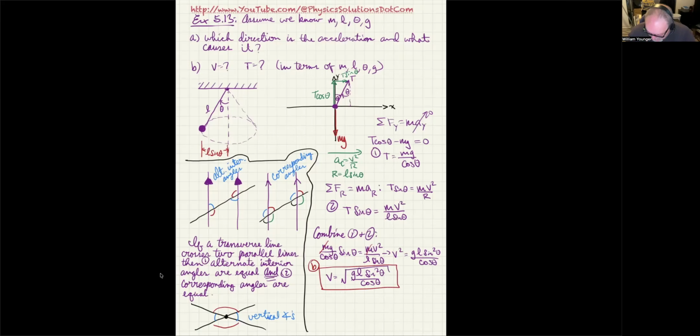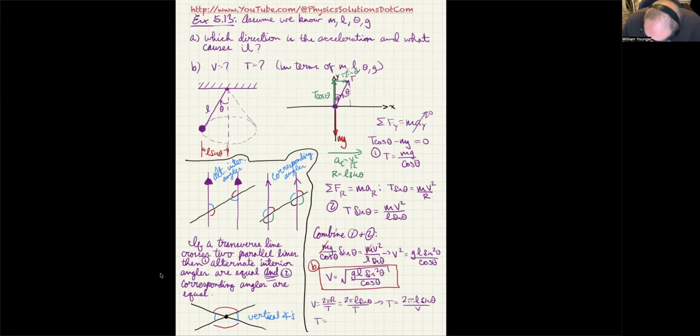Now, in addition to that, we know the velocity is given by 2 pi r over the period. So velocity is equal to, let me write that in purple again, 2 pi r over the period, but the r is L sine theta, and therefore we can see that the T would be 2 pi L sine theta over v.